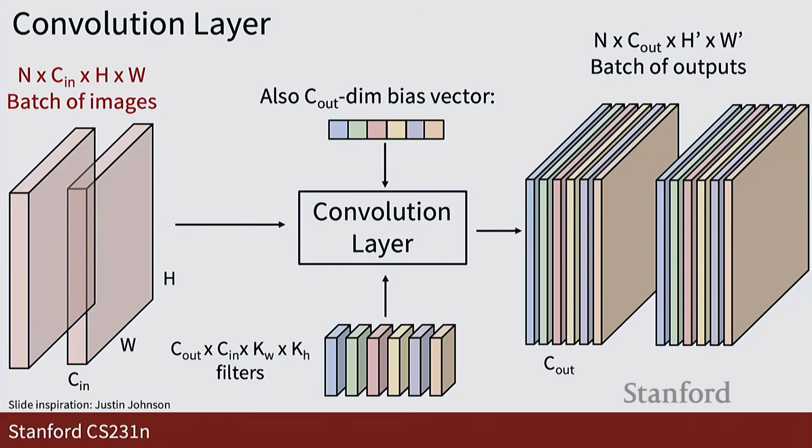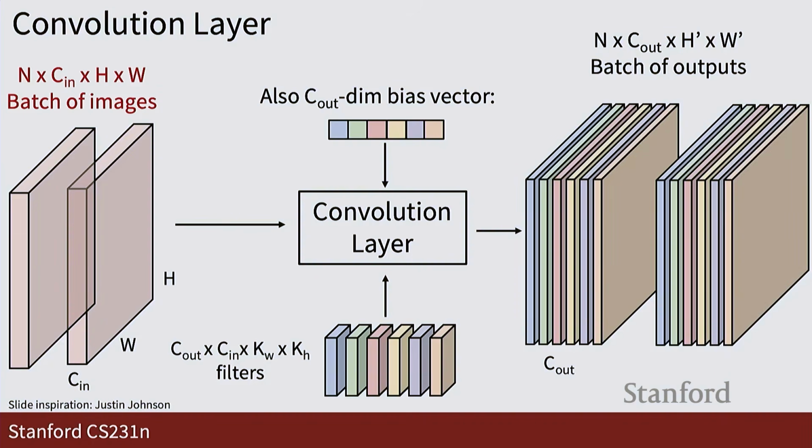Our convolutional filters will be a four-dimensional tensor of shape Cout by Cin by Kw by Kh. Cout is the number of filters, the number of output channels. And then the rest of that are three-dimensional filters. So it's a set of three-dimensional filters. Each three-dimensional filter has shape Cin by Kw by Kh. That's the kernel width and kernel height. And then we have Cout such filters that get collected into a four-dimensional tensor.